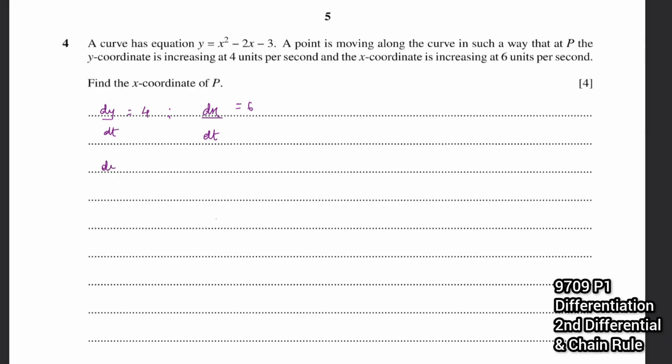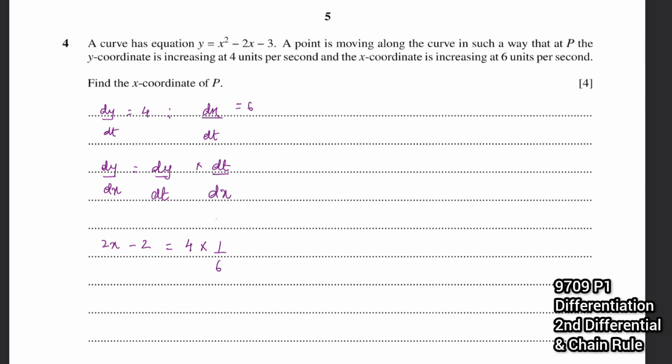So we have dy by dx is equal to dy by dt into dt by dx. dy by dx is given and can be calculated: 2x minus 2 is equal to dy by dt, which is given as 4, multiplied by dt by dx. dx by dt is given, but we need dt by dx, so 1 upon 6. We have to find x.